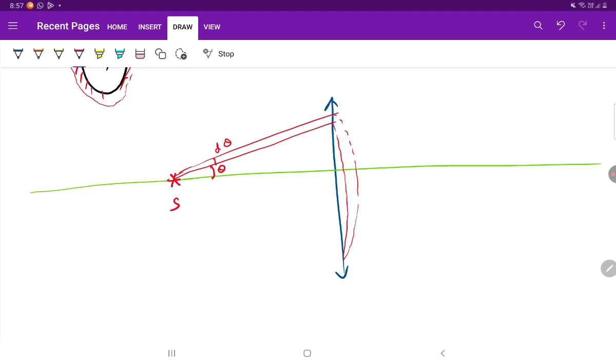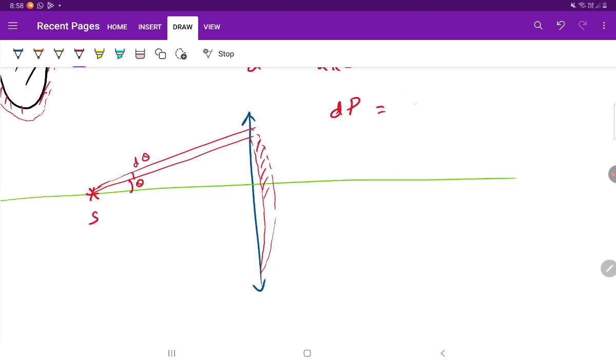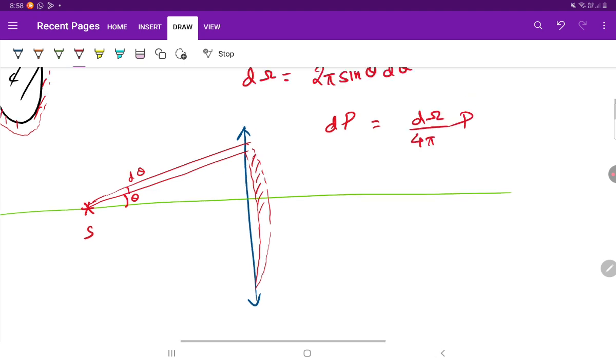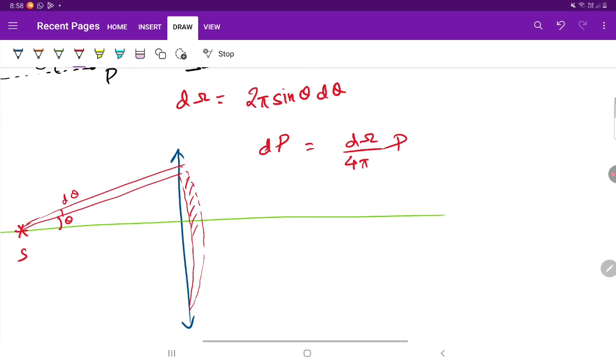Can you tell me how much radiation is going through the circular strap? Considering the energy per unit time, d capital P is equal to d Omega by 4 pi times P, where P is the total power. What is d Omega? As we have derived, 2 pi sin theta d theta. Then we can write it as P by 2 sin theta d theta.